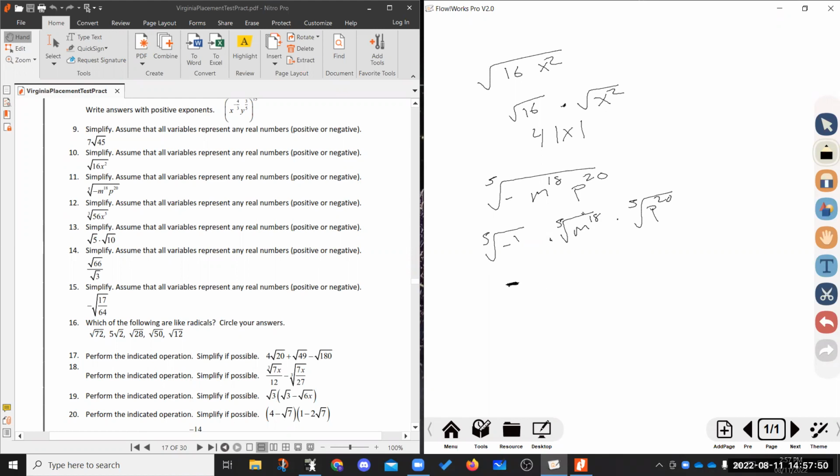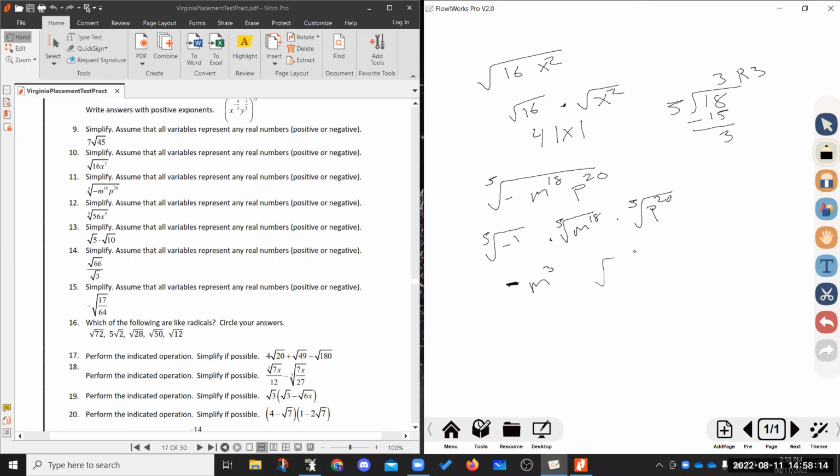Now I'm going to do remainder division. I'm going to say 5 goes into 18 3 whole times with 3 left over. So I'm going to get m to the third.